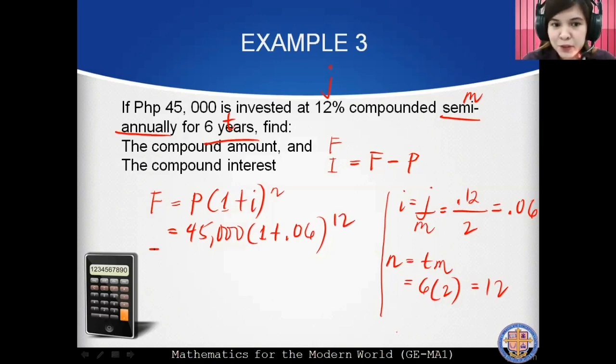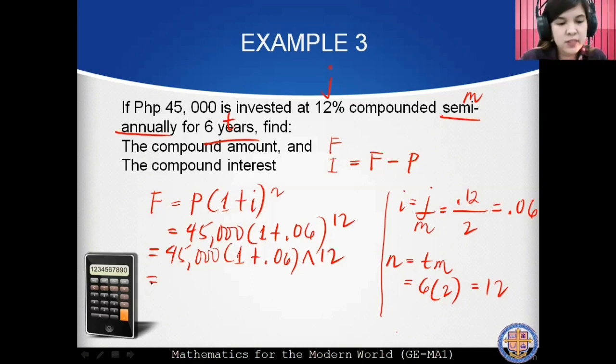As I've told you, in pressing a scientific calculator, write first the present value, then open parenthesis, 1 plus 0.06, then find the raised-to key, then 12. Press it straightly, no stopping. No rounding off. So let us press using the calculator.